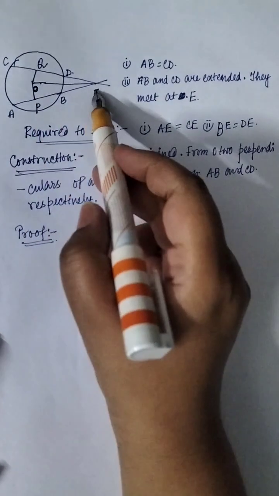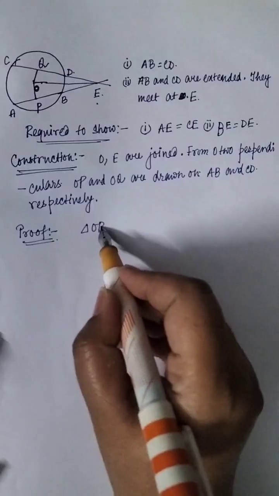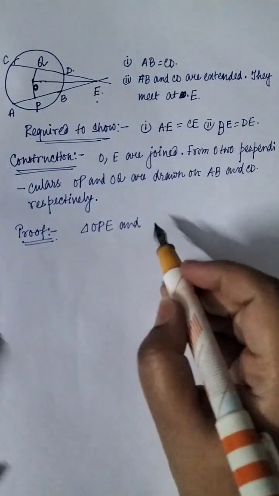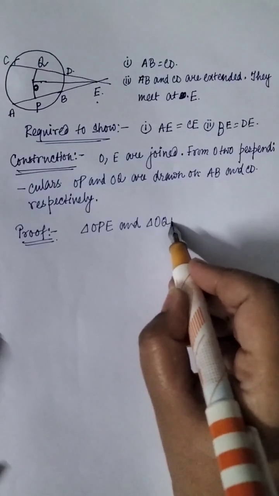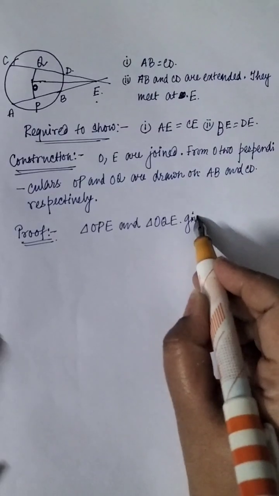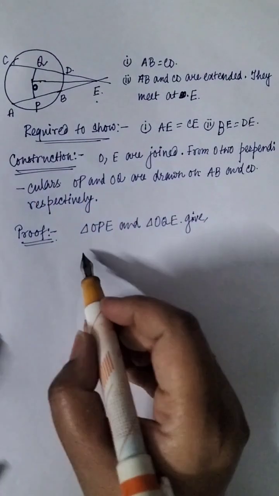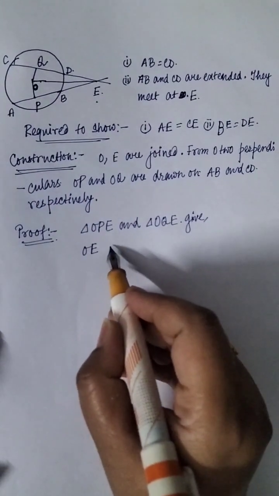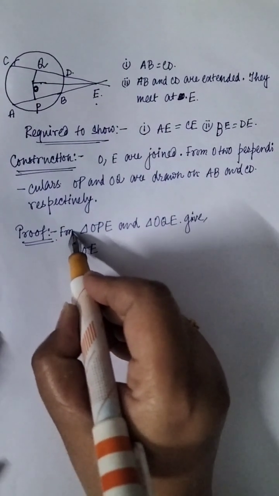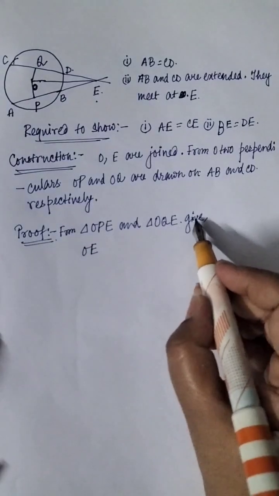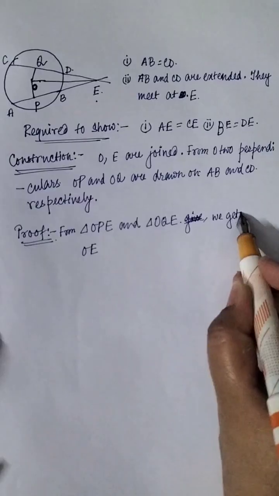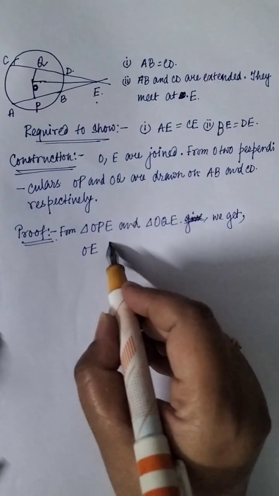Triangle OPE and triangle OQE give, first of all, OE is the common arm.